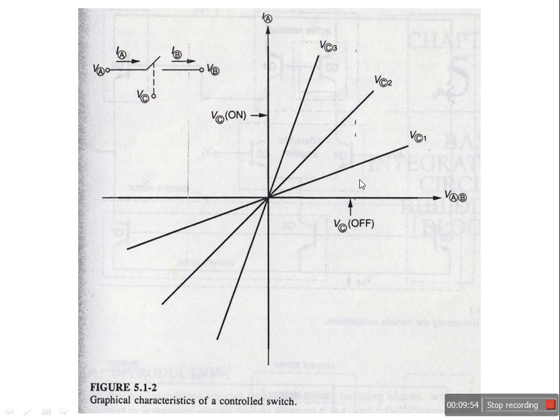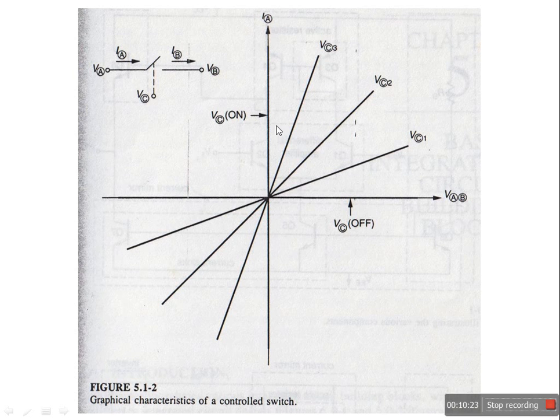Similarly, there exists a voltage VC off, where the value of current is 0, because the term in the y-axis is 0. Hence two values of control voltage are there, VC on and VC off.